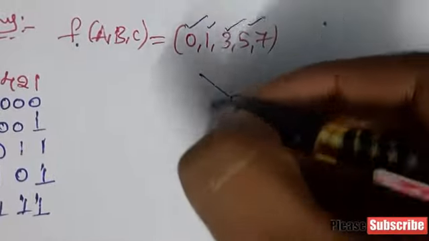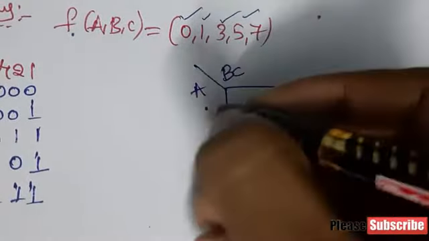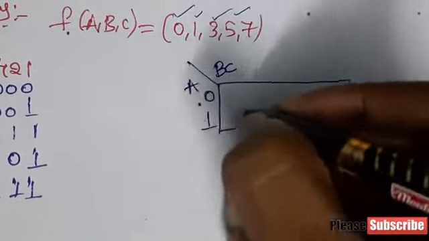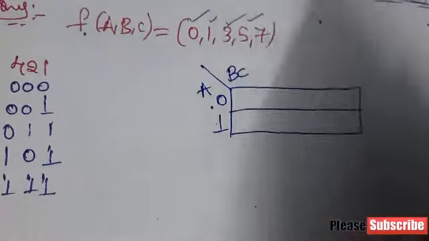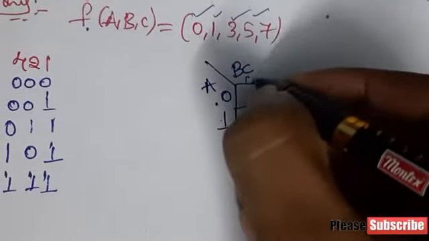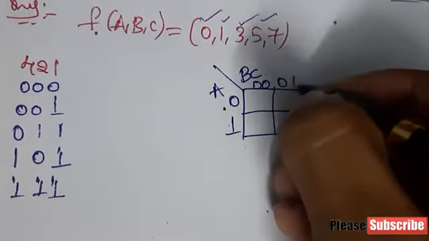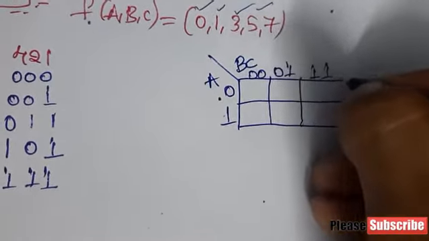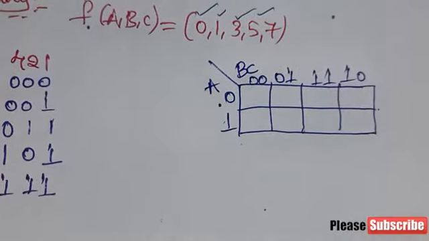Let's see the K-map for this. This will be A, B, C, 0, 1. This follows the gray code sequence, right? This will be 00, 01, 11, 10.